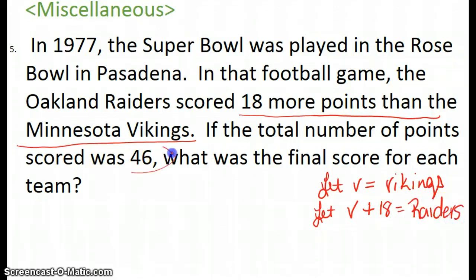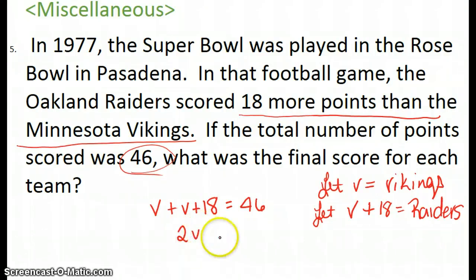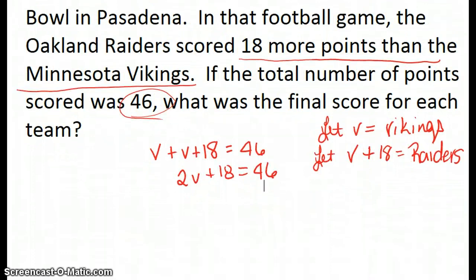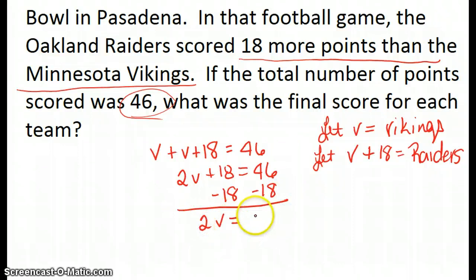Now, together they scored 46 points. So V plus V plus 18 equals 46. 2V plus 18 equals 46. Minus 18, minus 18, 2V equals 28, divided by 2, V equals 14.